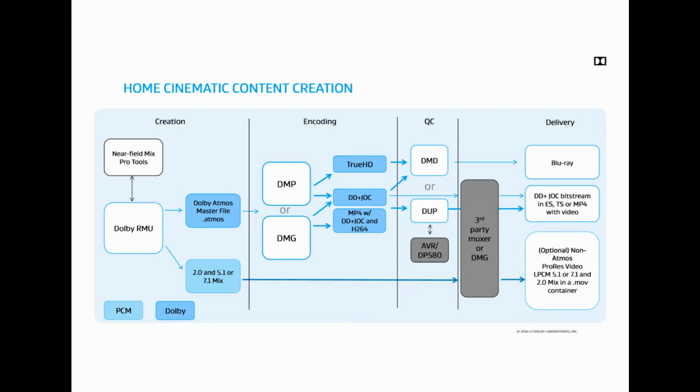So on the content creation side, the mixing happens via a Pro Tools session. We have what we call a rendering mastering unit. Because you are pushing around a lot of audio, it's a dedicated PC box, which pipes MADI from the Pro Tools session into a renderer. It gets used in a cinema context quite heavily.